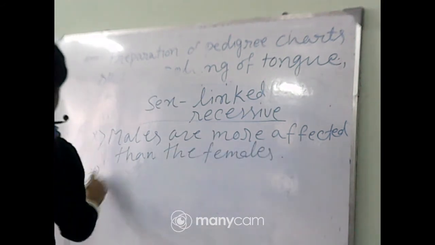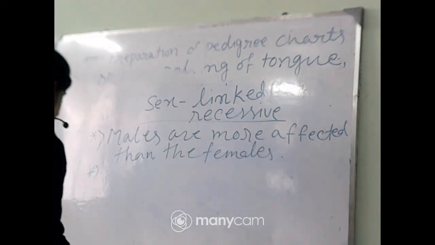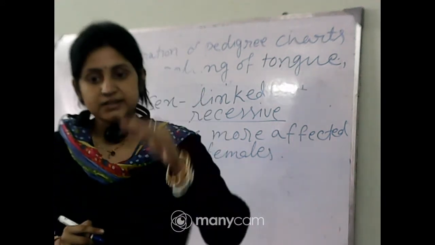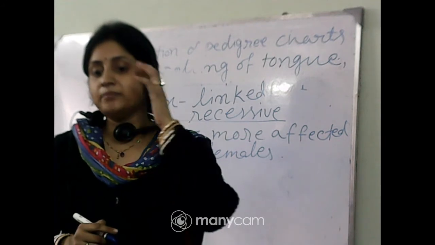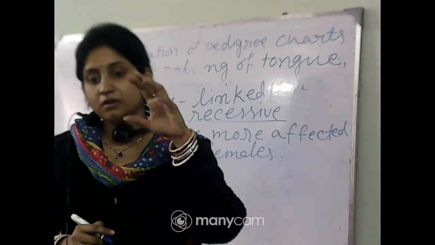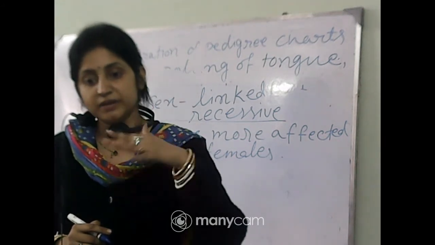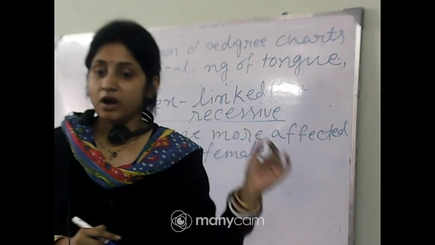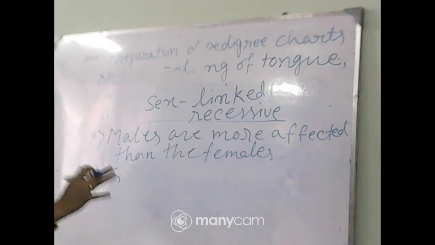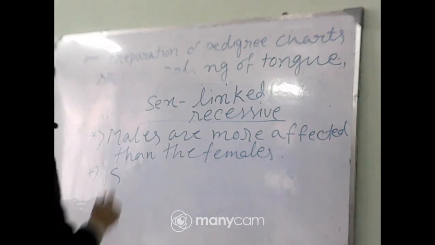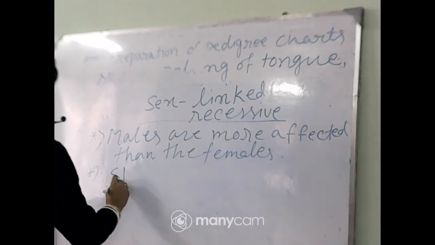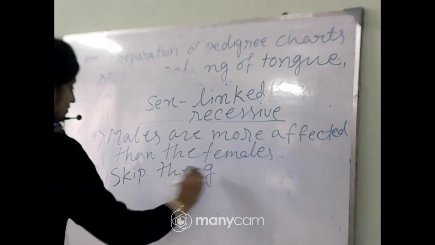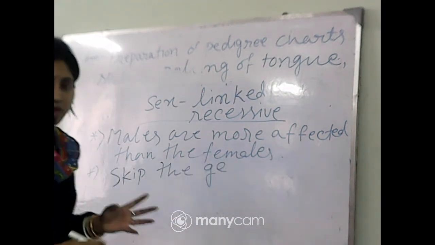Second one, skip of generation. In autosomal recessive, each generation must have one type of affected parent or affected child, but there is generation skipping in the sex linked. One generation doesn't have any affected genes. Okay, skip the generation because it is recessive.